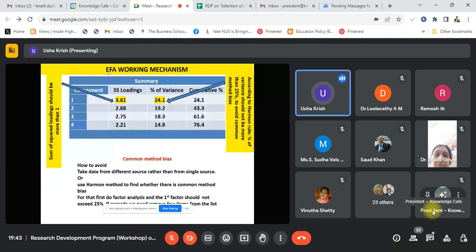Keep on doing this till we get percentage of variance of the first factor which is less than 25%. This is the second option, which is not possible to do it. Only the first option will be the better one. Take feedback from different source. Don't take feedback from the same source to avoid common method bias. Okay. The next one.